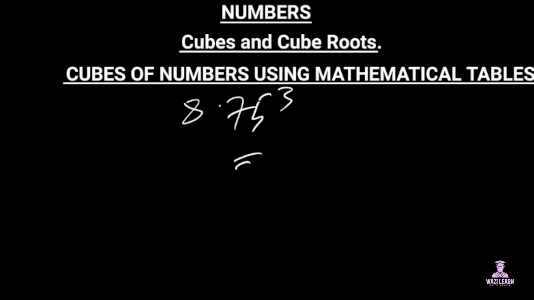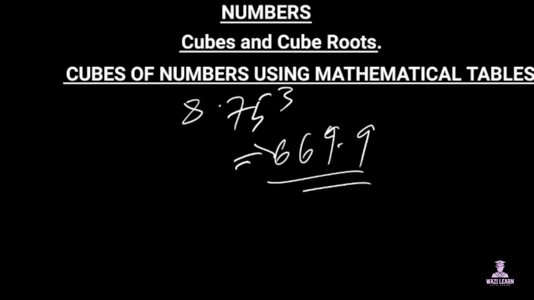After x you have 0, 1, 2, up to 9. So we'll move across 8.75 up to where it intersects with 5. So you'll find your answer there is 669.9. So that is our cube. That is our answer.